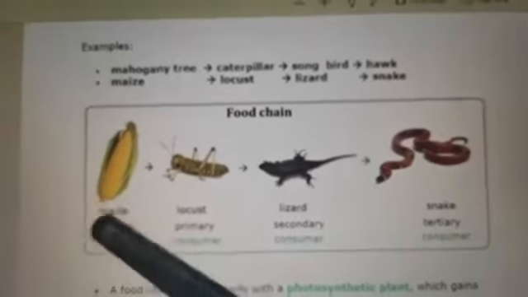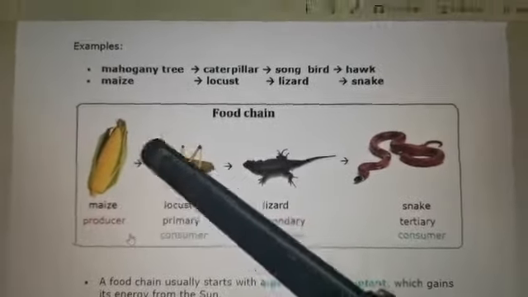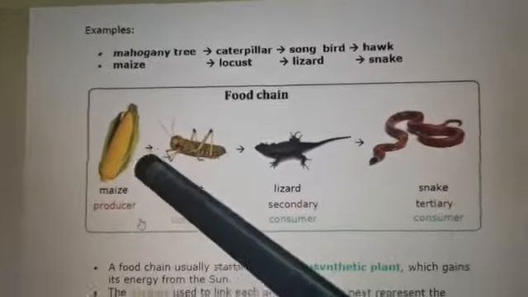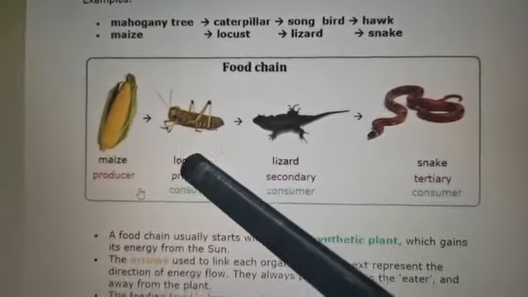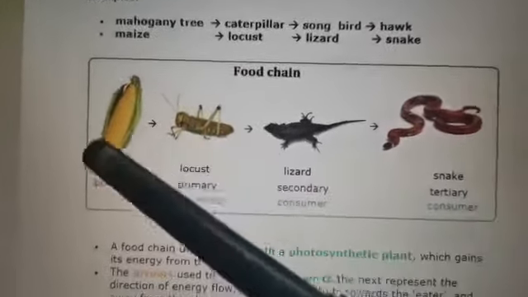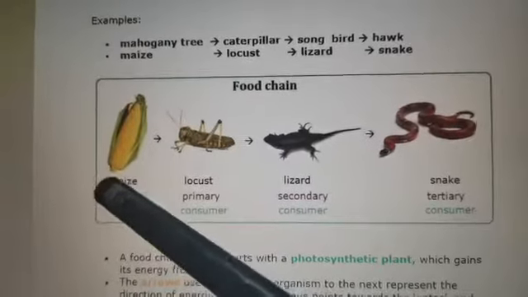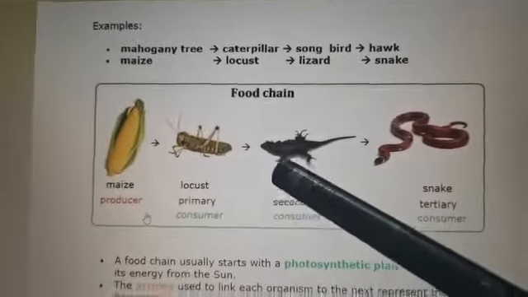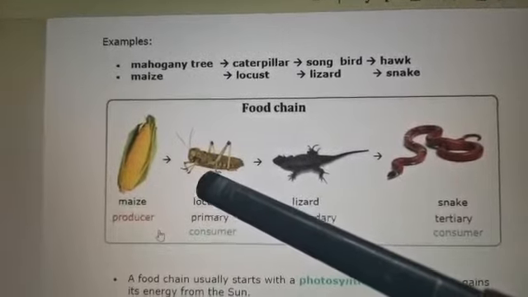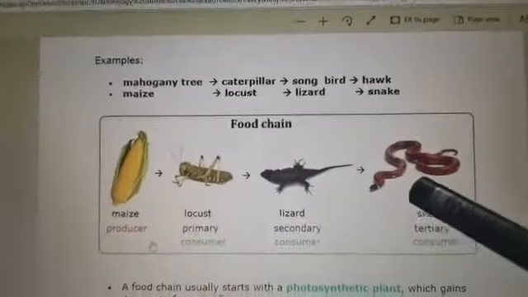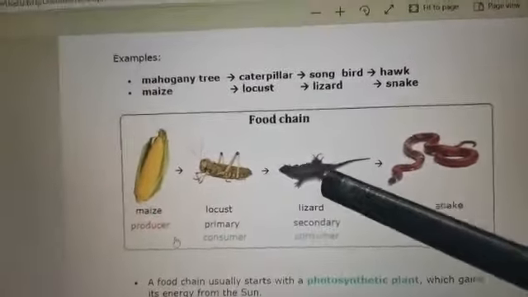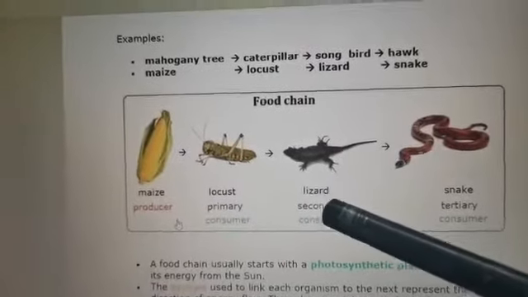So from this maize, who is getting the energy? See the arrow? It's going to the locust. The locust is getting the energy from the maize plant, the lizard is getting the energy from the locust, and at last the snake is getting the energy from the lizard.